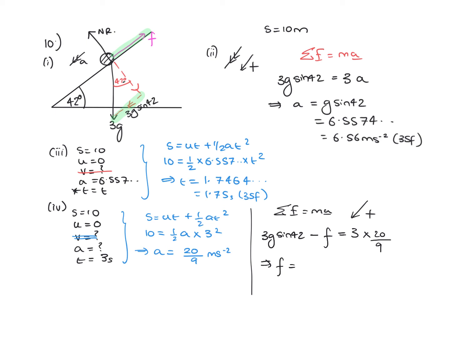Now I knew that the friction would be running up the slope because the particle is moving down the slope, and remember friction opposes the direction of motion, or the intended direction of motion. So this gives me a frictional force of 13.0057, or 13.0 newtons to 3 SF.